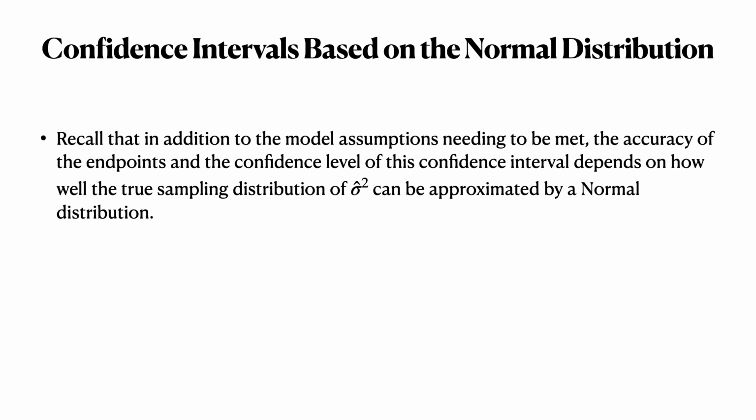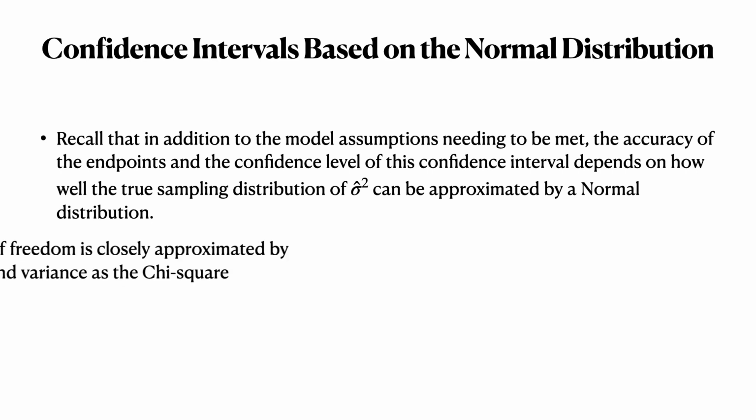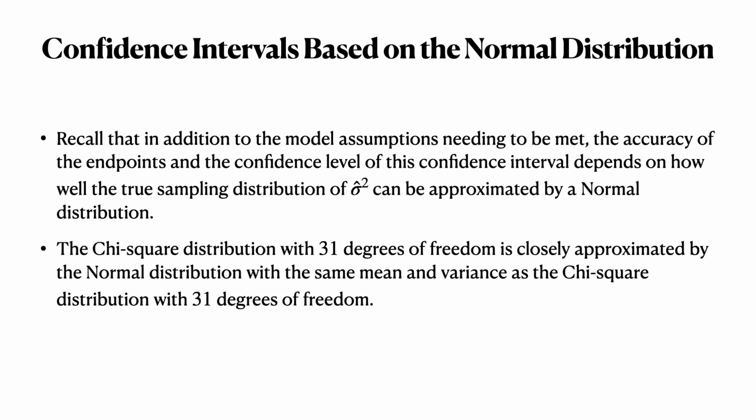Next, regarding the confidence interval based on the normal distribution, recall that in addition to the model assumptions needing to be met, the accuracy of the endpoints and the confidence level of this confidence interval depends on how well the true sampling distribution of sigma hat squared can be approximated by a normal distribution. The sampling distribution of sigma hat squared, if the model assumptions are true, is the chi-square distribution with 31 degrees of freedom.